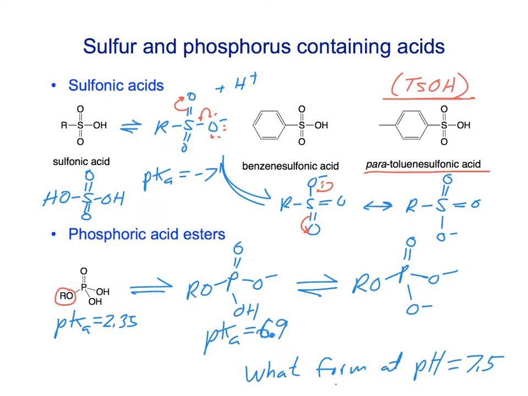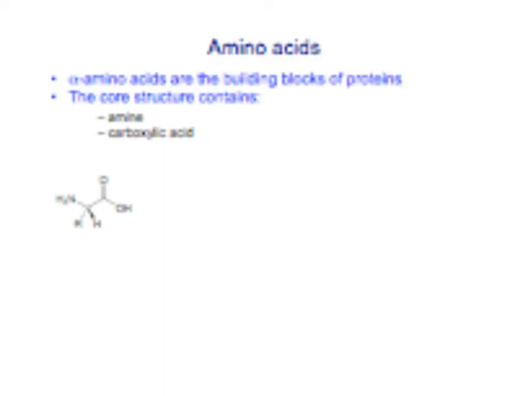All right, so the other type, we'll spend a little bit more time talking about at the end of this class, and these are the alpha amino acids. Okay, so amino acids are the building blocks of proteins, and so it's kind of a monomer, and we string them together into essentially a polymer.